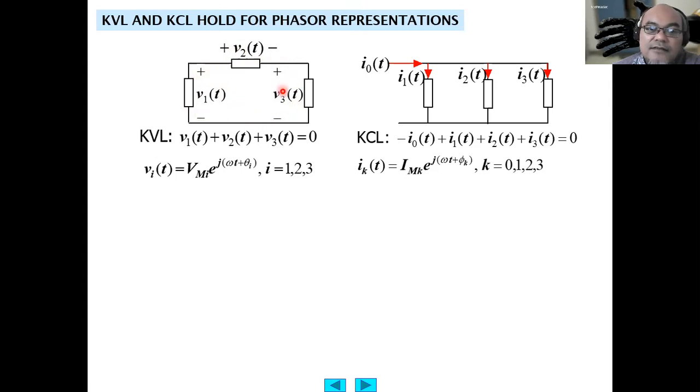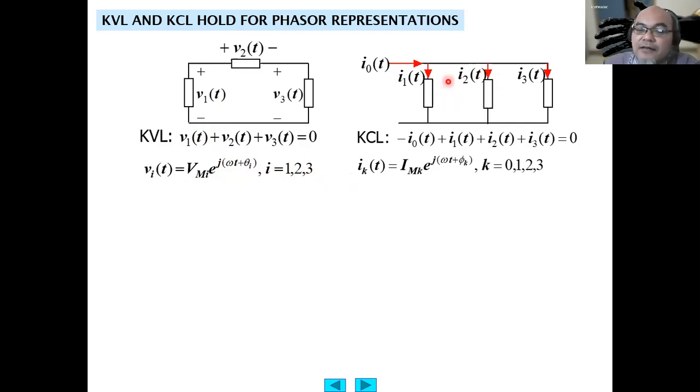According to KVL, the sum of the voltages along this loop should be zero: v1(t) plus v2(t) plus v3(t) equals zero. Here v_i(t) equals Vm_i, the magnitude of the voltage in that component, times exponent j(omega t plus theta i), the phase angle of that ith component, with i equal to 1, 2, 3.